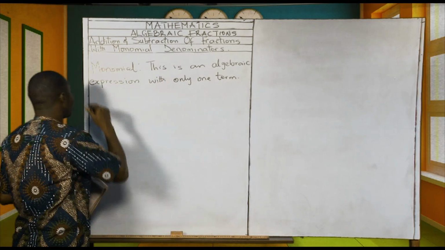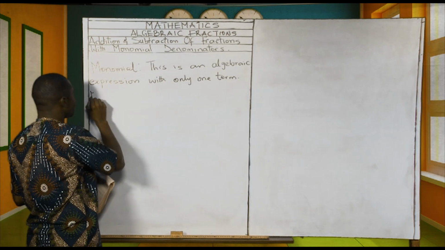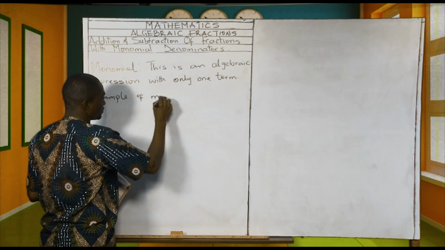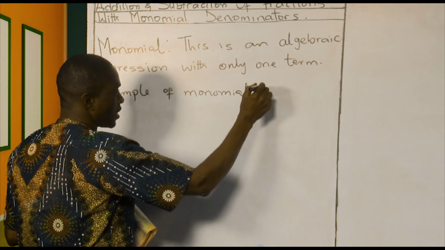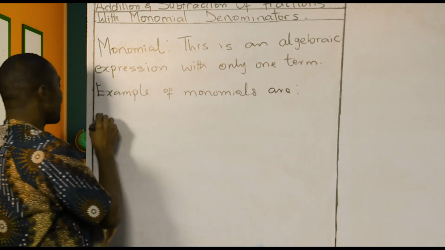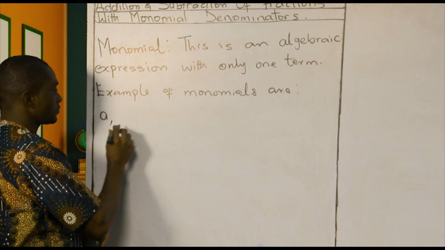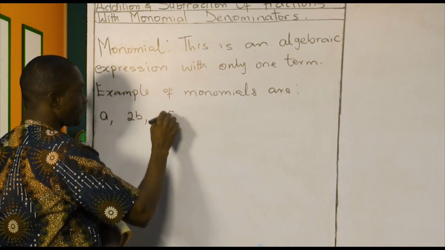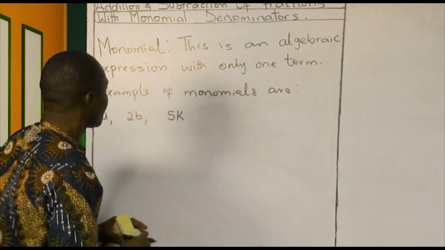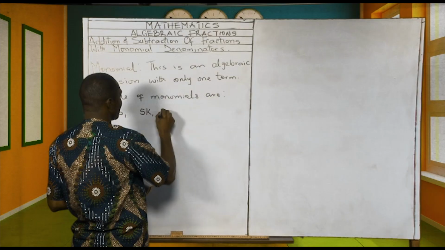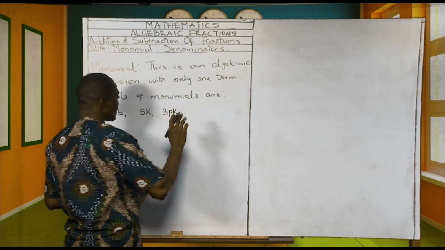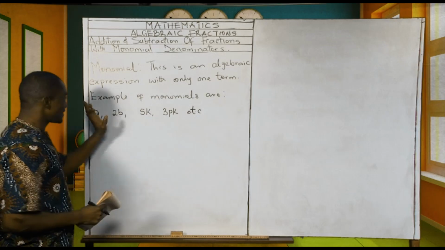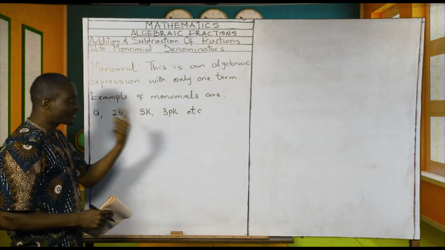Examples of monomials are a, 2b, 5k, 3pk, and so on and so forth. Just a single algebraic term.